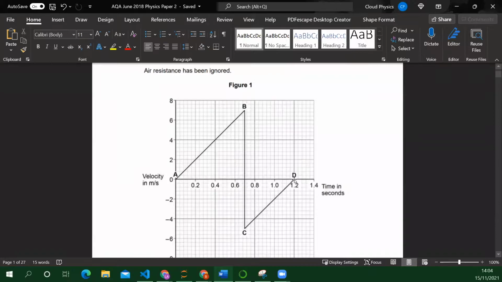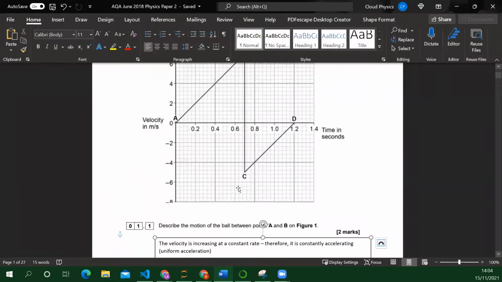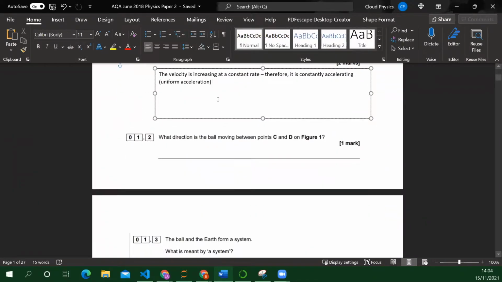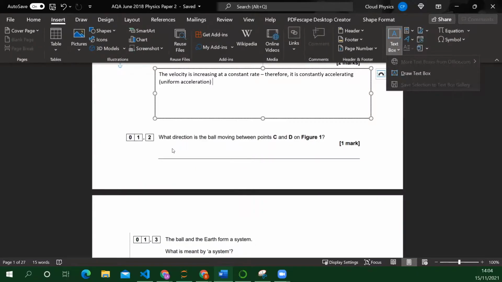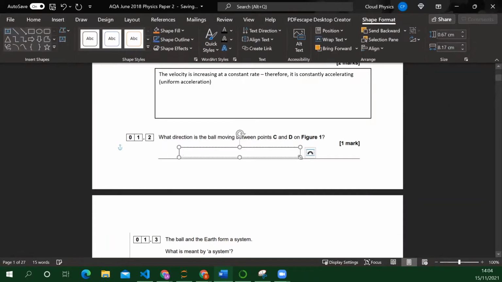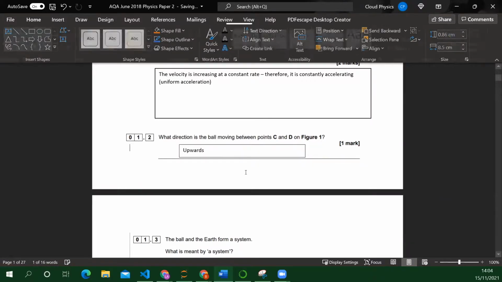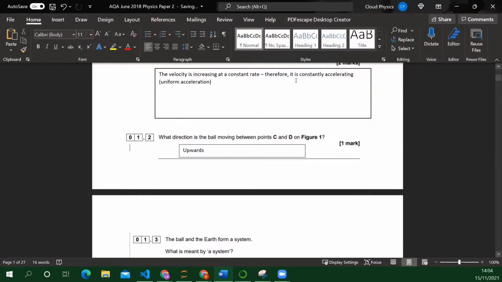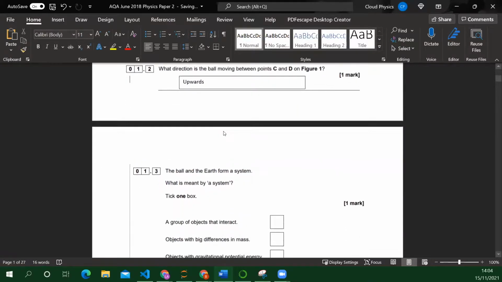So it must be moving upwards. It's more making sure you've read the question to answer that, because it's not quite straightforward what direction the ball's moving without reading. If you want to write in Word, you can insert a text box like I did there.